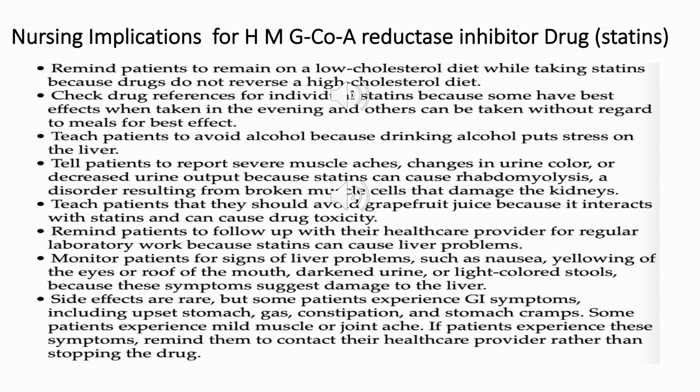Side effects are rare, but some patients experience GI symptoms, including upset stomach, gas, constipation, and stomach cramps. Some patients experience mild muscle or joint aches. If patients experience these symptoms, remind them to contact their healthcare provider rather than stopping the drug.